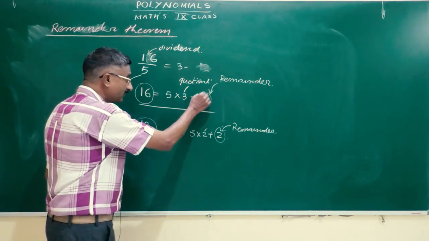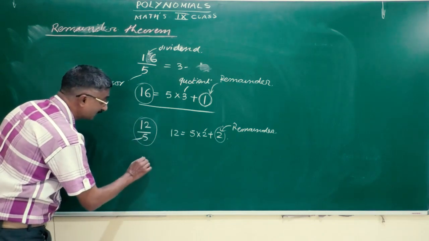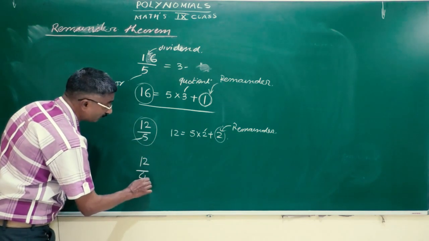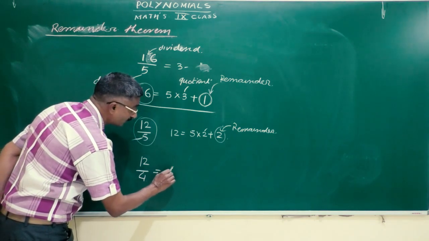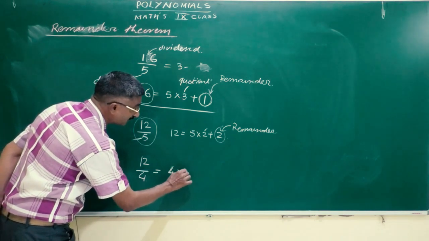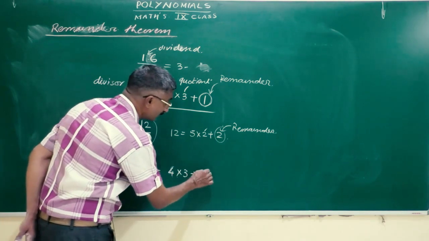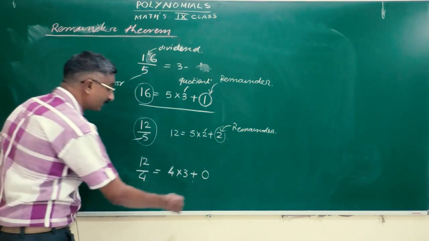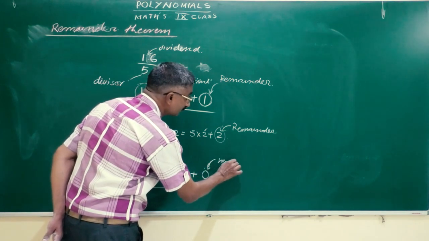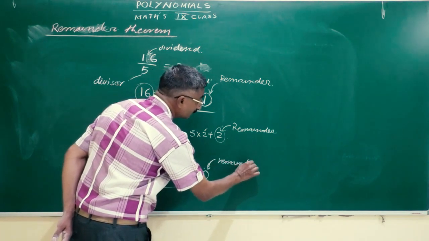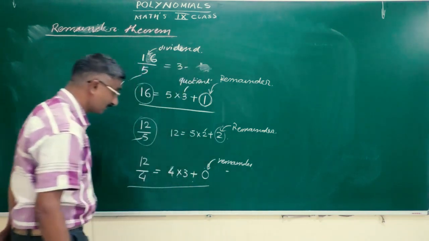If the remainder is 0, suppose I am writing 12 divided by 4, so this is equal to 4 multiplied by 3 plus 0. It means remainder becomes 0.